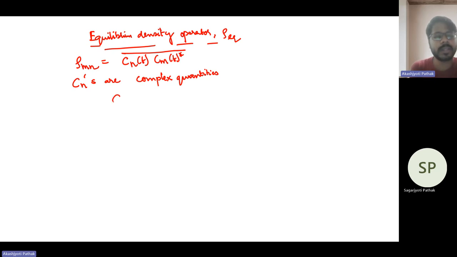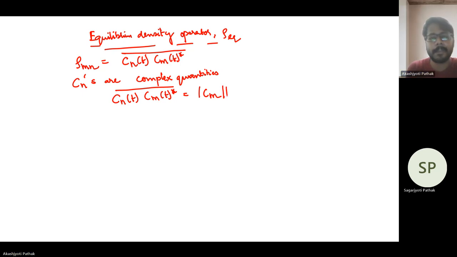So you can write it in this form: cm of t, cm of t star, e to the power i (alpha n minus alpha m).